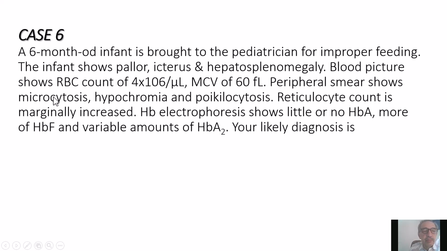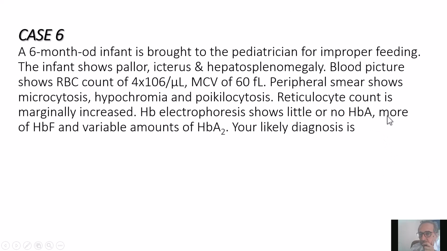Peripheral blood smear shows macrocytosis, hypochromia and poikilocytosis. Reticulocyte count is marginally increased. Hemoglobin electrophoresis shows little or no HbA, more of HbF and a variable amount of HbA2. The likely diagnosis is of course very obvious.